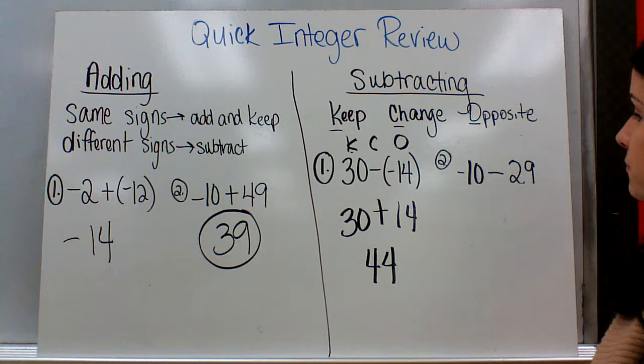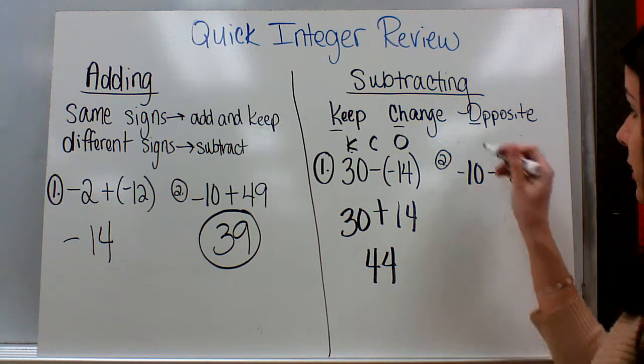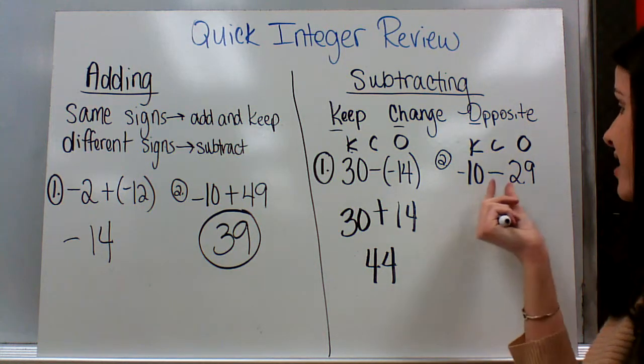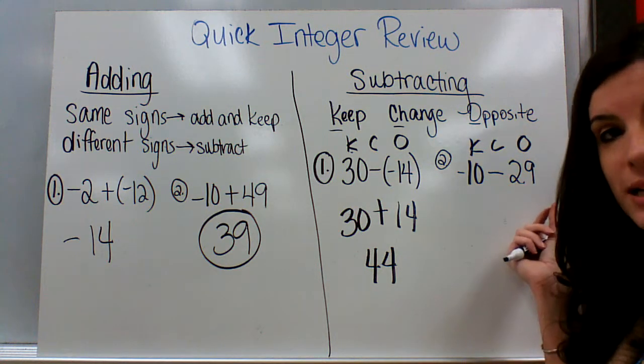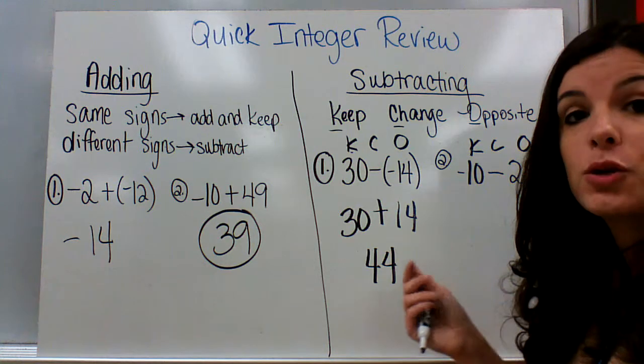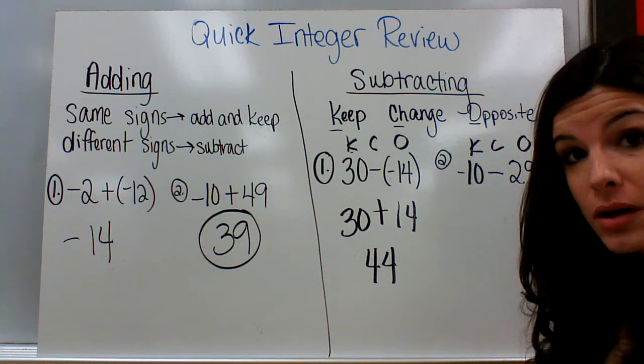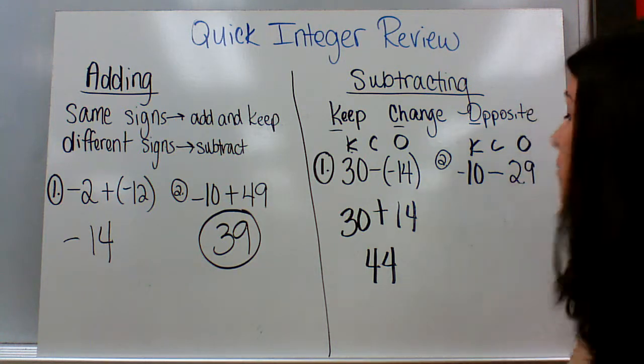Okay? Now here, we're going to keep, change, opposite, because -10 and then take away another 29 can be kind of tricky. Think if you owe someone $10 and then you owe them 29 more, you're more negative. You owe them even more.